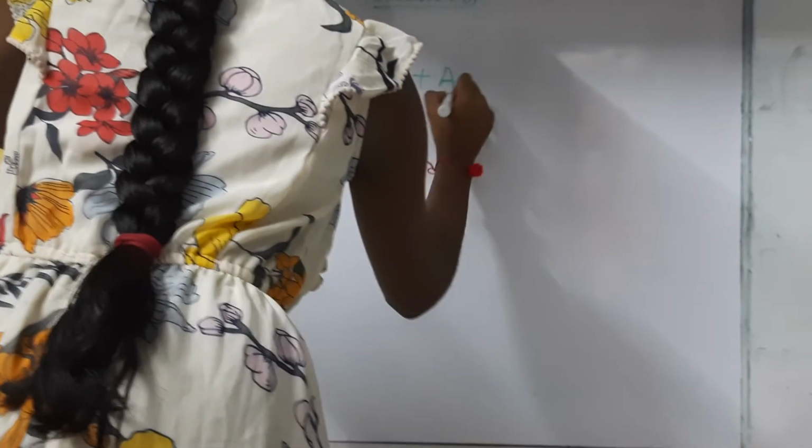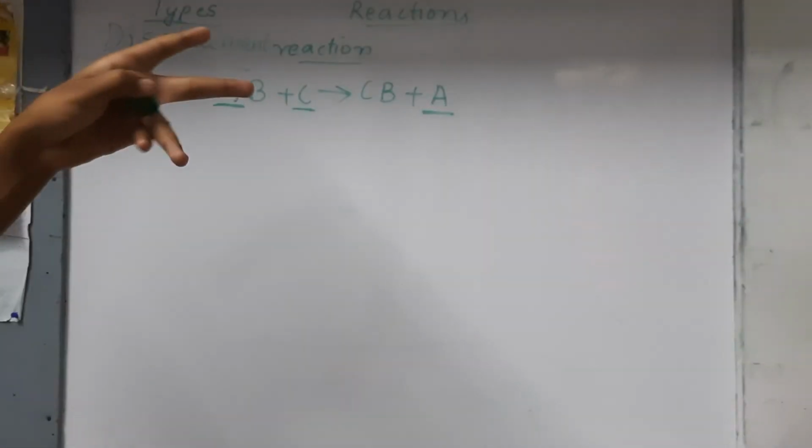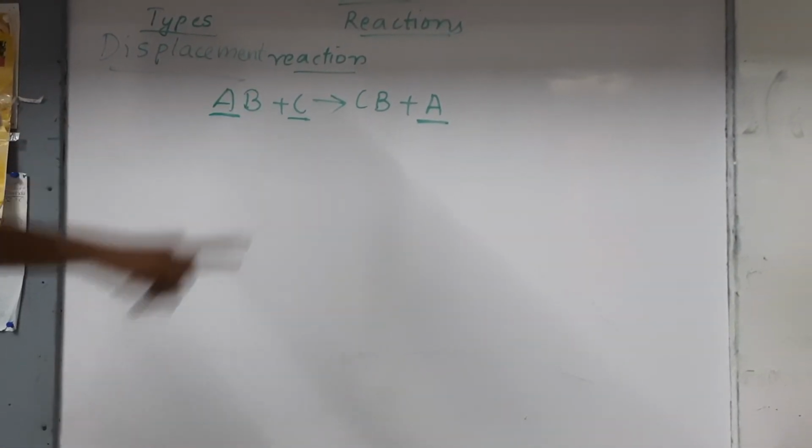So let me just write two examples. AB plus C gives you, here C is more reactive than A. So here CB plus A is just removed out from AB. So let me give you one example.